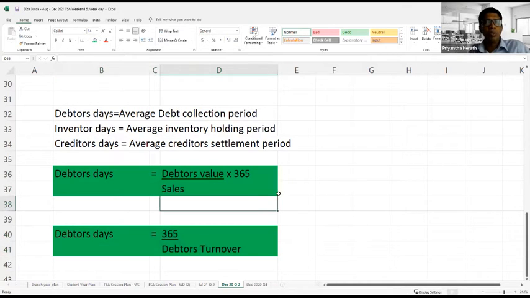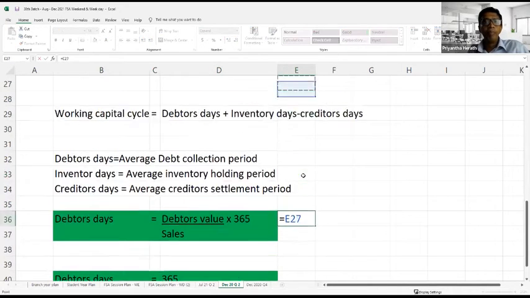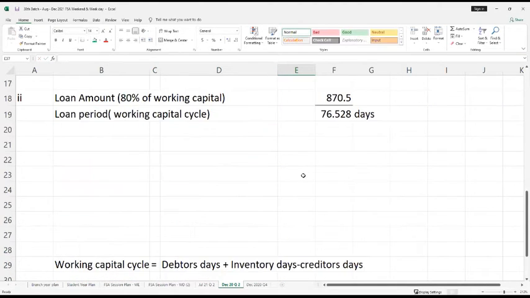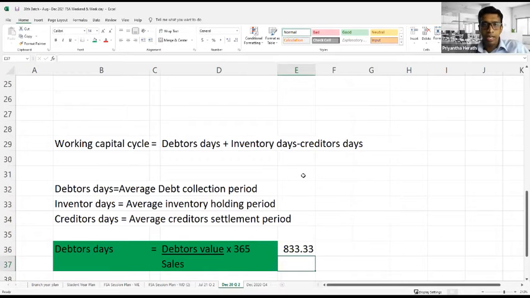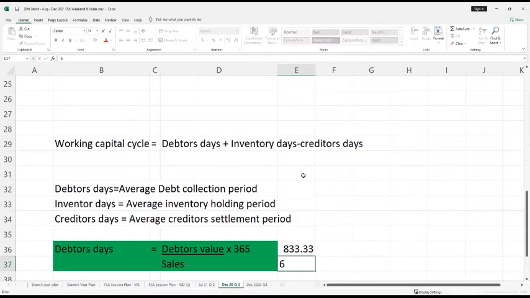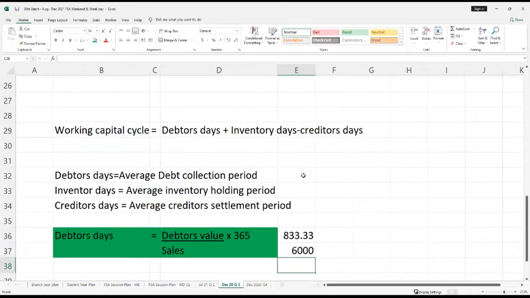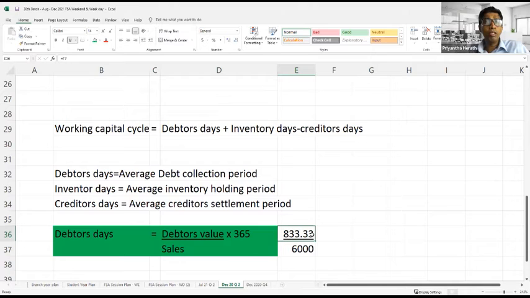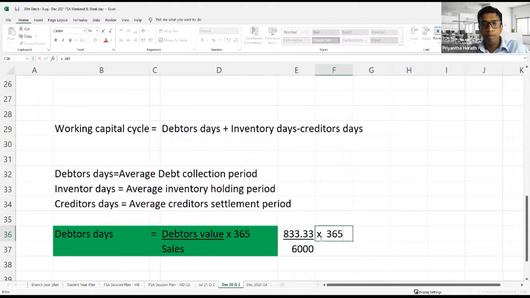Let's use the first formula. Debtors value we estimated. What's the value of debtors? 833. And what's the value of sales? 6,000. So you need to multiply this by 365. What's the answer?